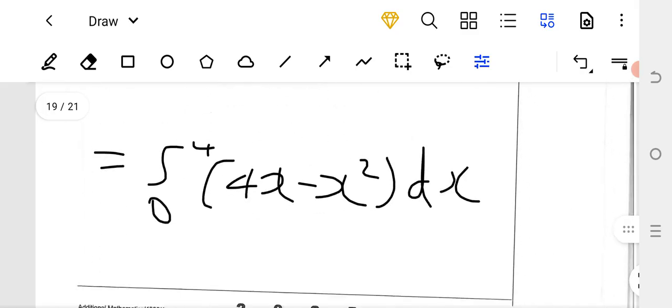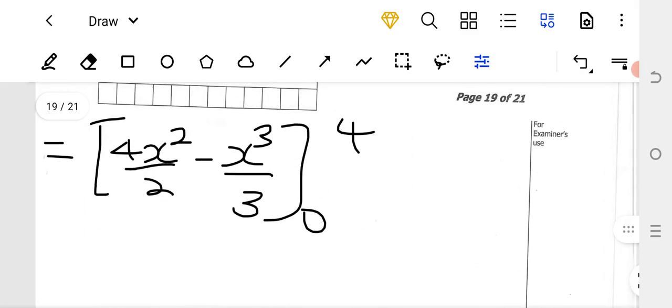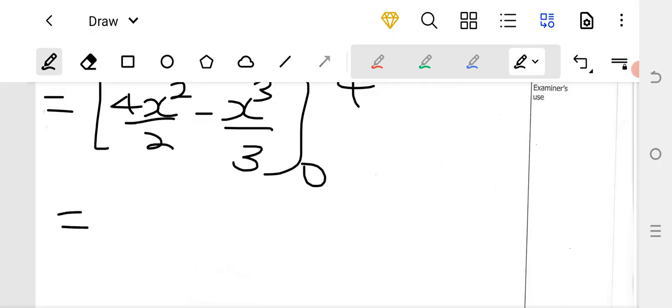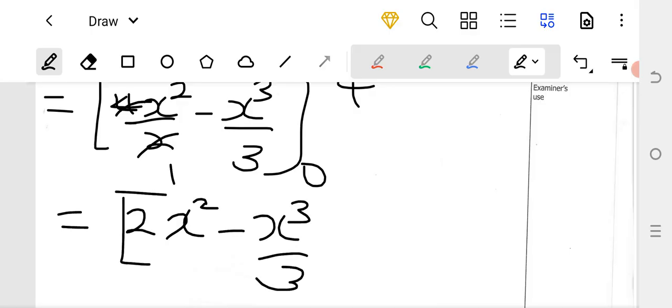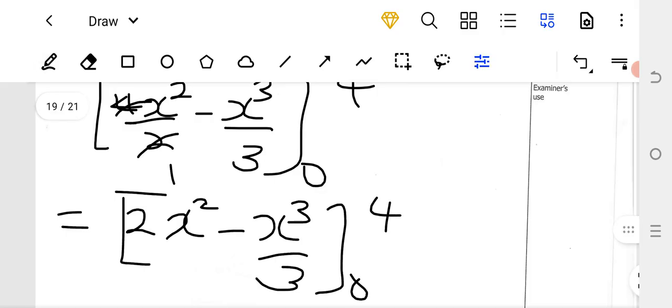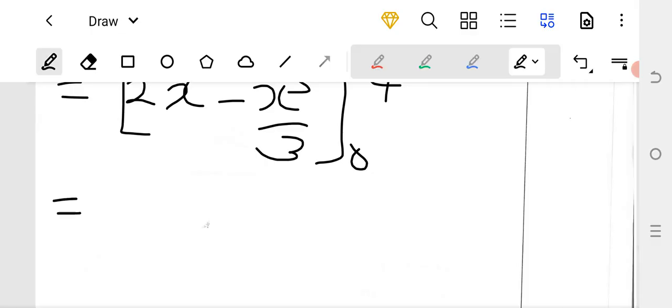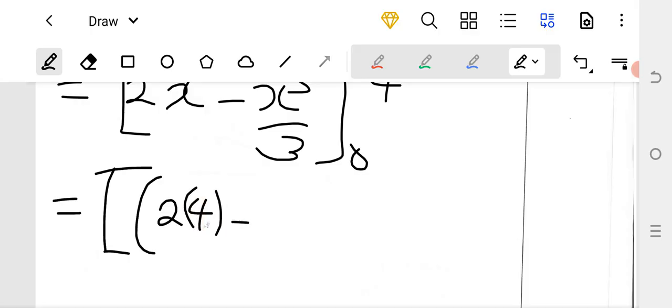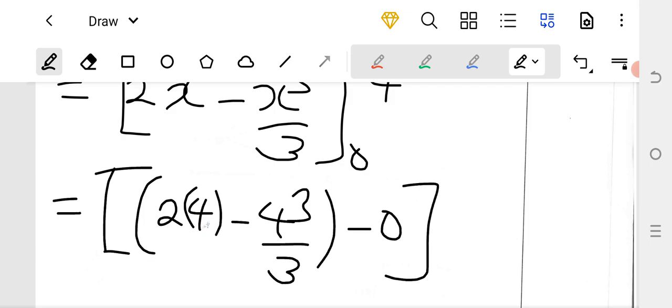So I'm integrating this here, okay? It's going to become, 4 can go into itself once, 4 can go into 2 twice, so 2x squared minus x to the power 3 over 3 from 0 to 4, which is equal to 2 multiplied by 4 minus 4 cubed over 3 and minus 0.